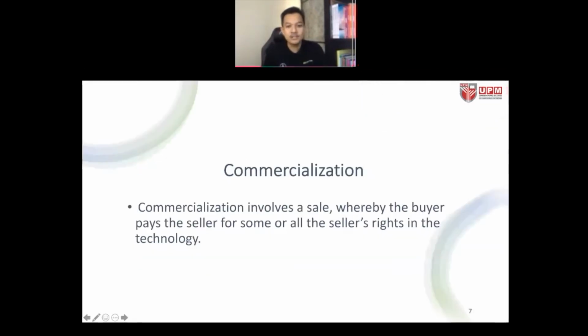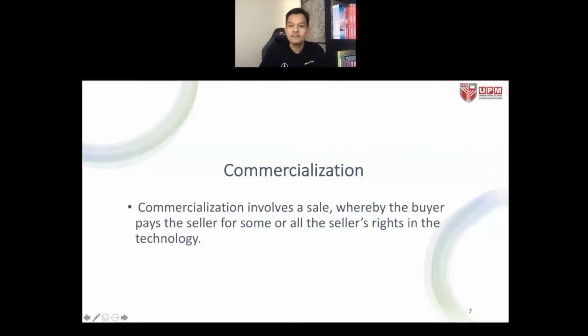So commercialization involves a sale whereby the buyer pays the seller for some or all of the seller's rights in the technology, as shown in the previous example where Universiti Putra Malaysia sold IPs to a company, and then the company paid a sum of money and the technology was transferred to the third party, the company.